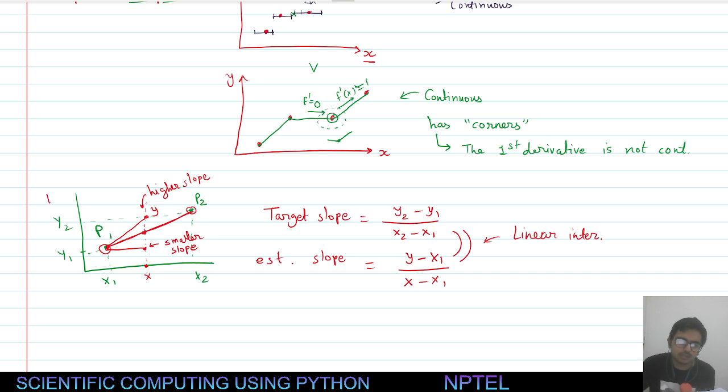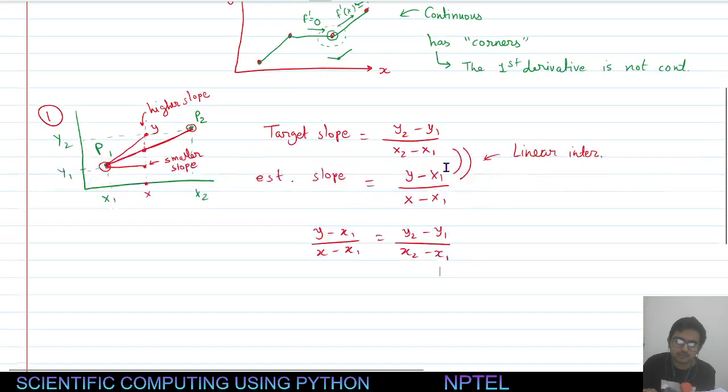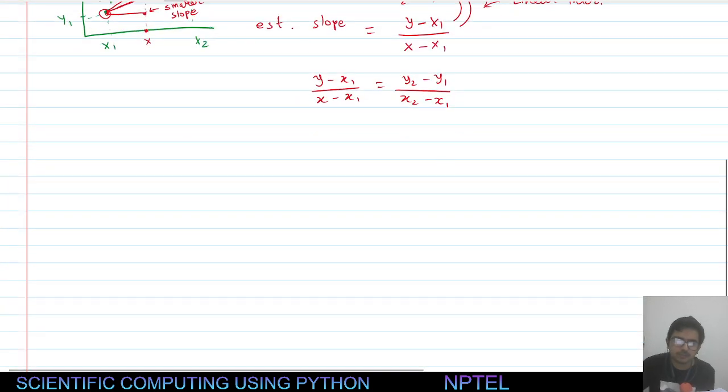So this is one way to think about it. So let's do the math. So y minus x1 divided by x minus x1 is equal to y2 minus y1 upon x2 minus x1. Yeah.